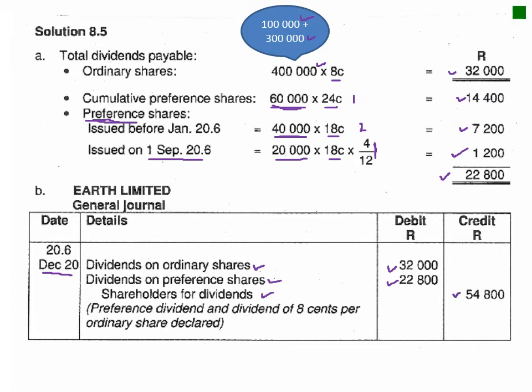At the end of the year, we owe shareholders 54,800. So when we pay them in the next year, we'll merely credit bank and debit the shareholders for dividends account. We will see more of this as we go through the company's questions and lectures, but this is the basic knowledge that you need for how dividends are calculated and accounted for.